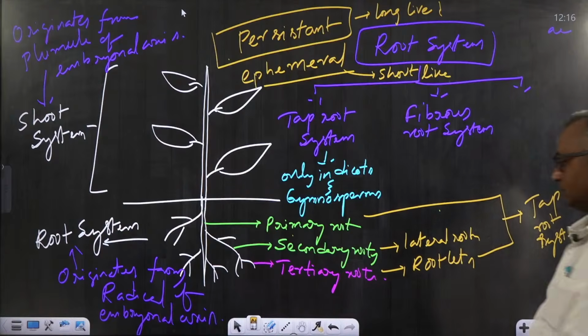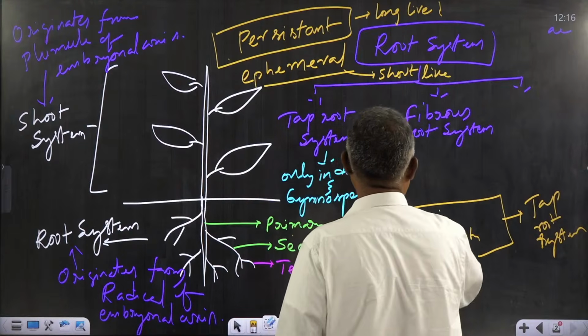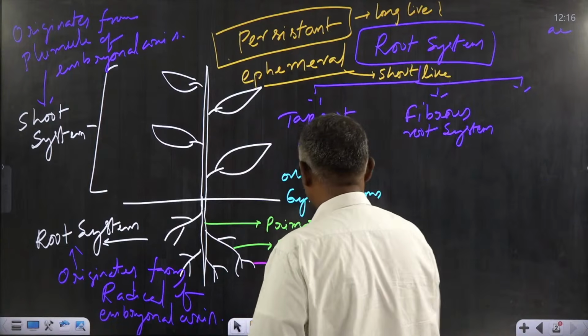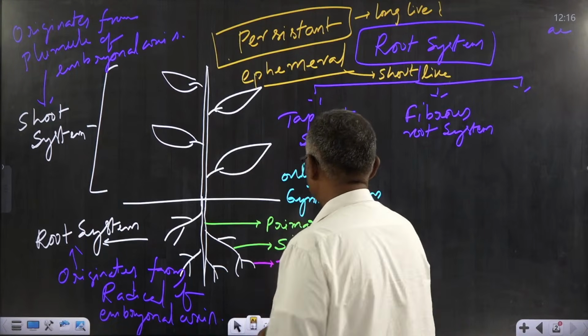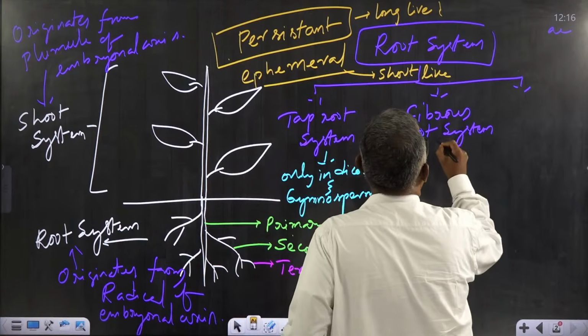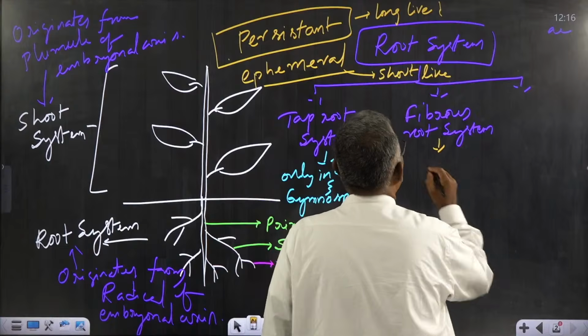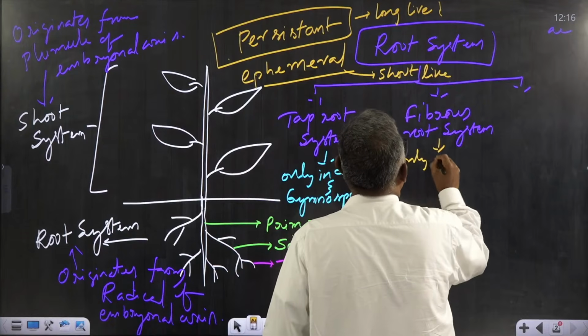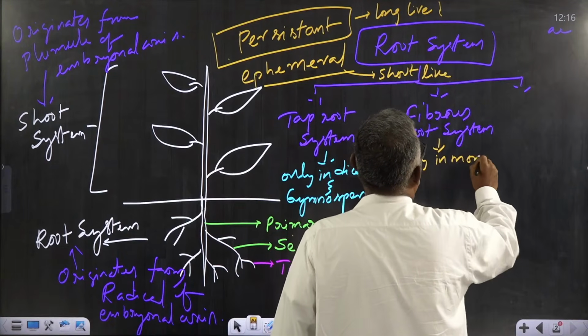Now, let us see the next one, fibrous root system. Listen to me carefully. This fibrous root system is seen only in monocots.